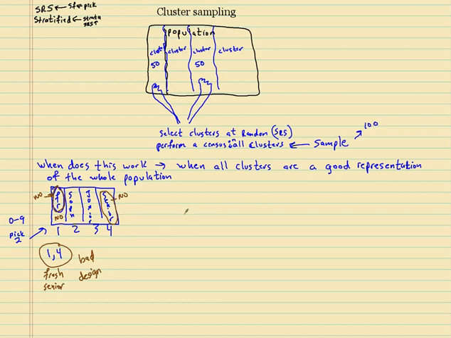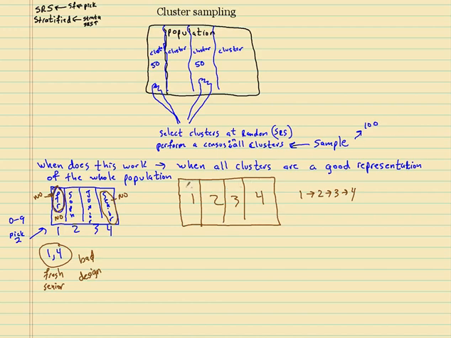Okay, so if you think, you have this population and you have these clusters, whatever the case, if cluster 1 looks like cluster 4, and cluster 4 looks like 2, and 2 looks like 3, and 3 looks like 1, and 2 looks like 4, if 1 looks like 2, who looks like 3, who looks like 4, then I'm allowed to pick.